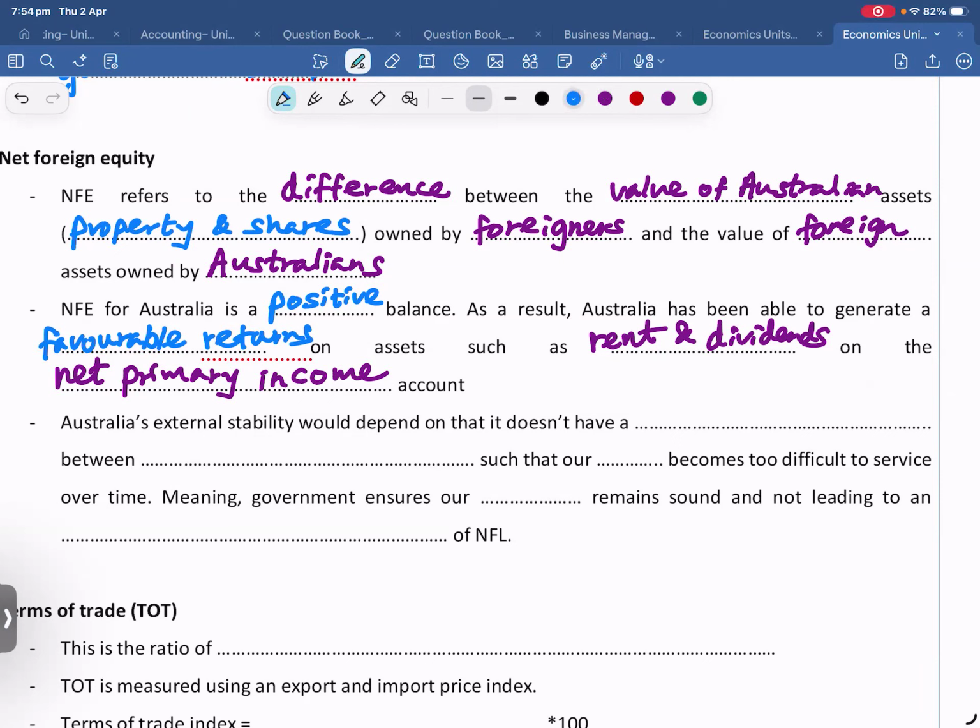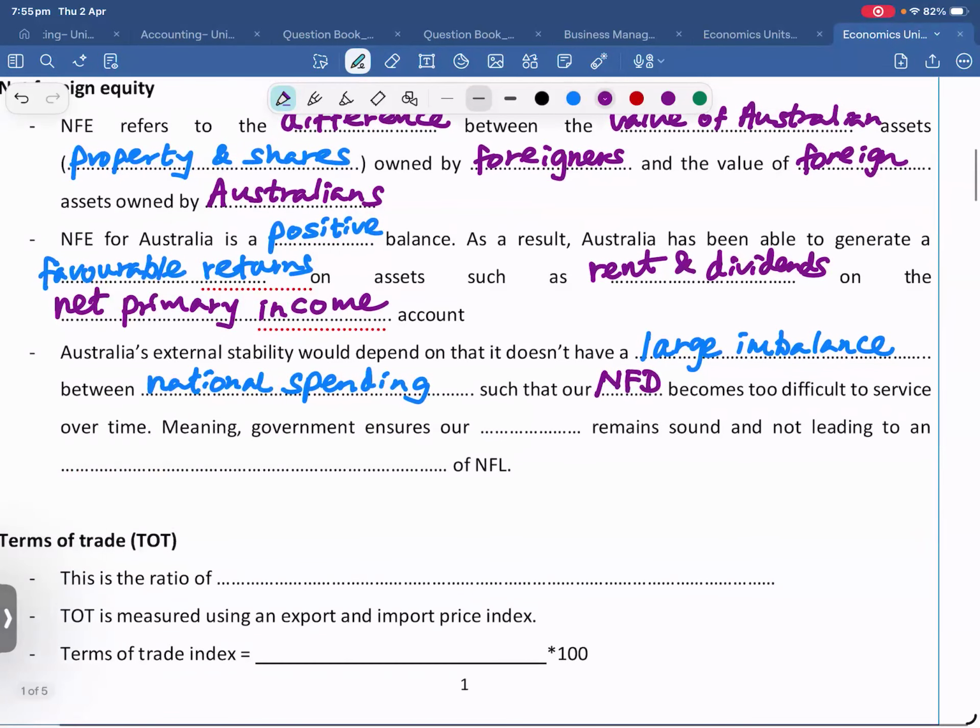Next one, guys, Australia's external stability would depend on it not having a large imbalance between national spending and income, such that our NFD becomes too difficult to service over time.